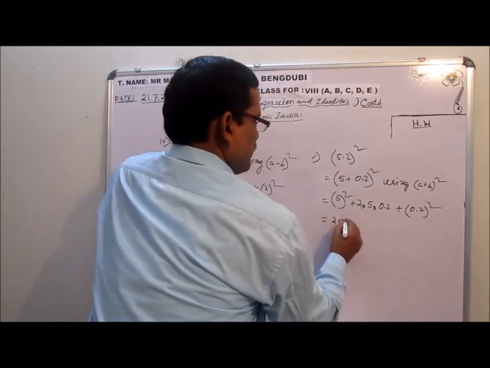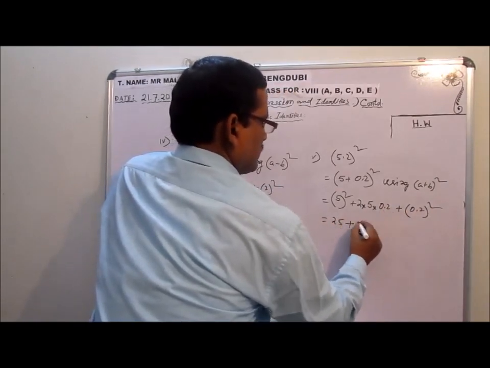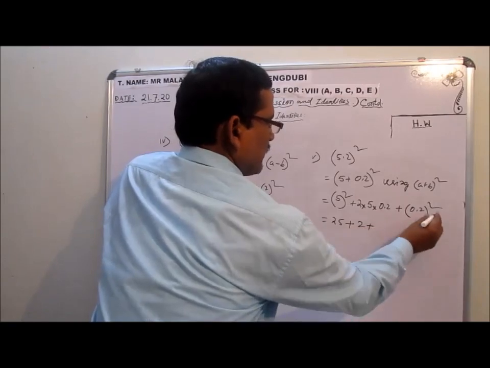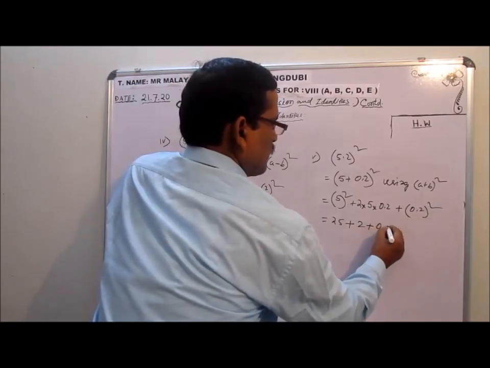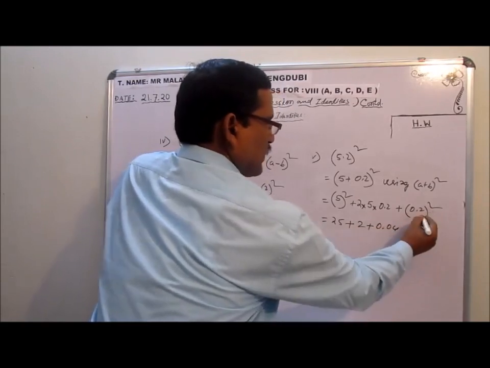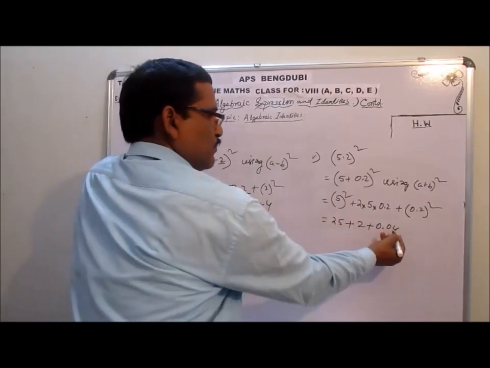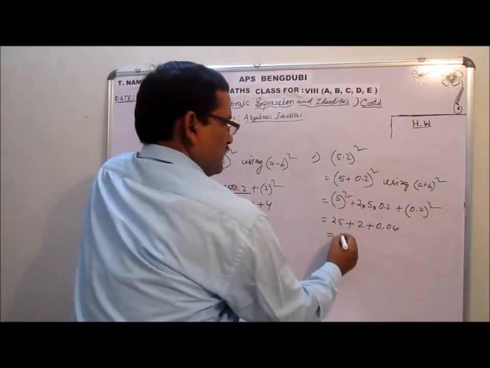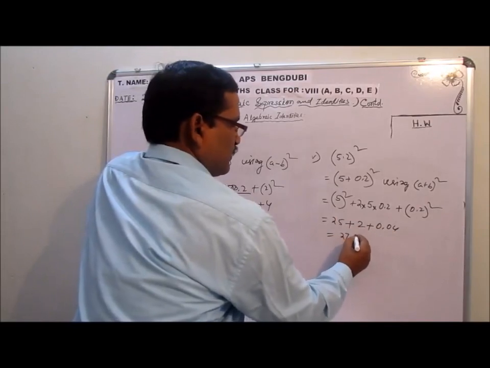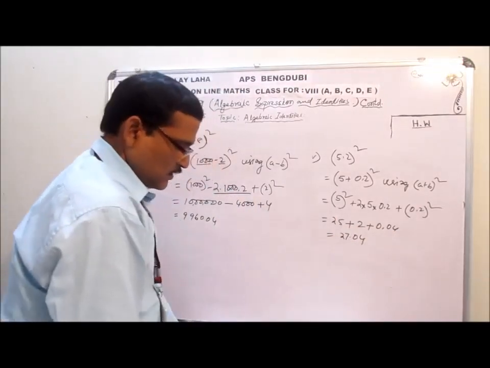Twice 5 into 0.2 is 2, and 0.2 into 0.2 is 0.04, a two-digit decimal. Now if I add, it will be 27.04. Understood? Any problem?